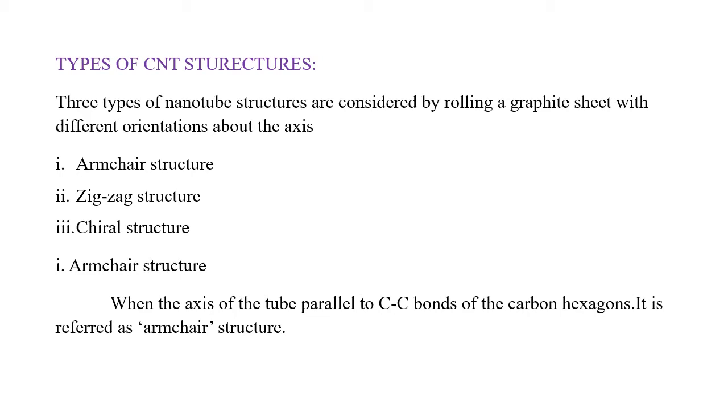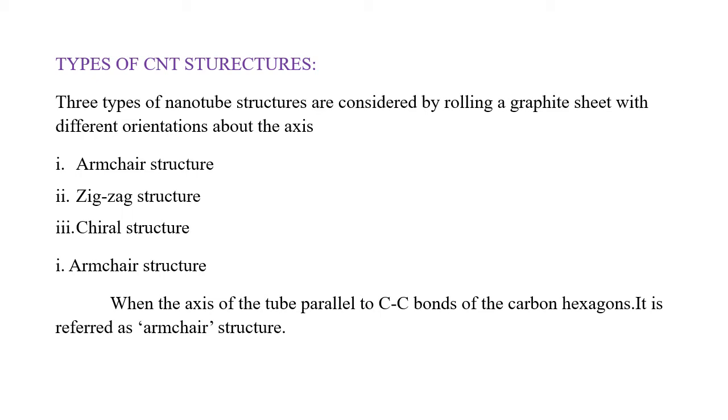Second one is zigzag structure. The tube sketched in the figure is referred to as zigzag, and also the chiral structure. They are formed by rolling a graphene sheet such that the axis of the tube is not parallel to the C-C bonds. Zigzag structure consists of a tube axis perpendicular to the C-C bonds.